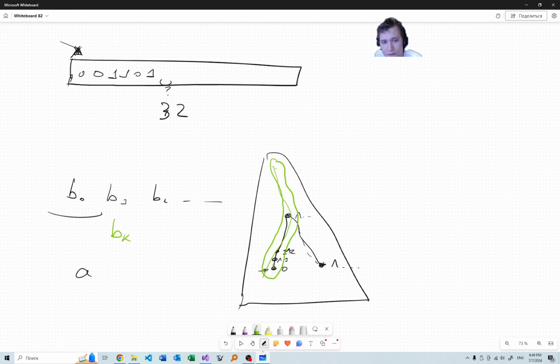I need to somehow find the alternating sum of some... interesting. It is actually interesting.